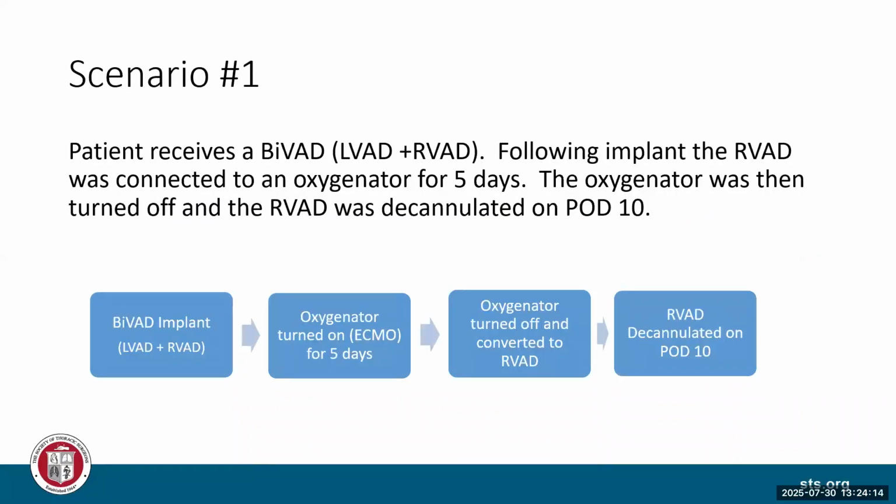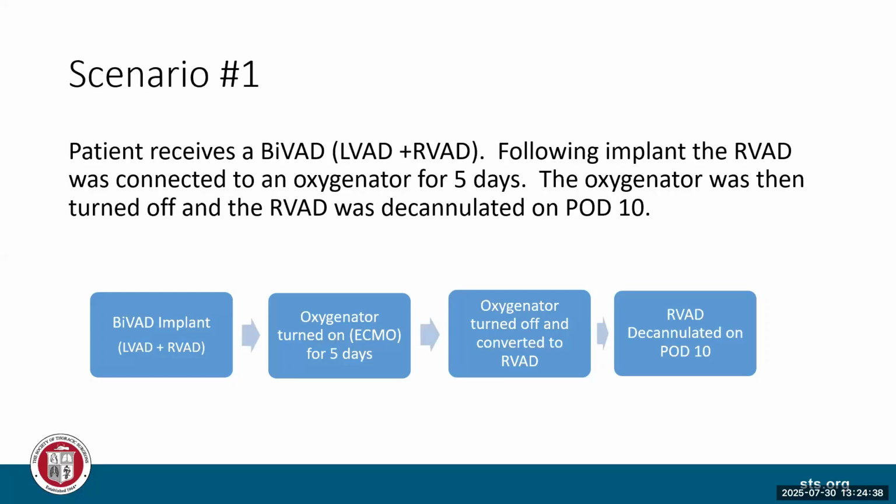Okay. Scenario 1, the patient receives a BIVAD. So a BIVAD is a durable LVAD and an RVAD in the same OR visit. Following implant, the RVAD was connected to an oxygenator for 5 days. The oxygenator was then turned off and the RVAD was decannulated on post-op day 10.